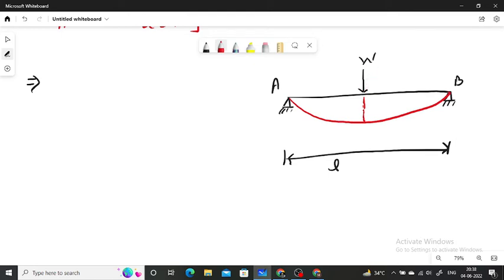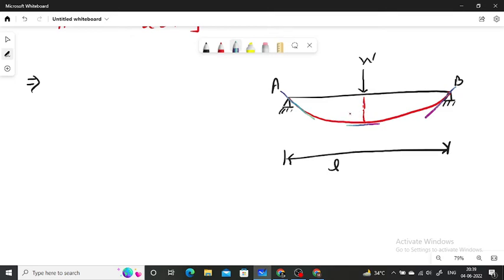When the load is in symmetrical condition, deflection will be maximum at the middle of the beam, and the slope is maximum at the end points. If the load is acting in symmetrical condition, the slope at the points A and B, both the ends, are equal to each other, and the slope is 0 where the deflection is maximum in the case of a simply supported beam.